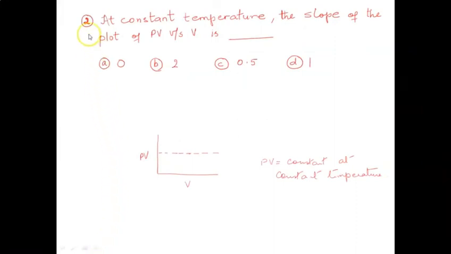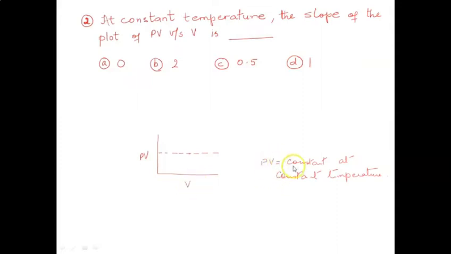The second question we have: at constant temperature, the slope of the plot of PV versus volume is dash. Suppose you are given the options 0, 2, 0.5 and 1. For a graph of PV versus volume, PV is constant, and we have to know that this is Boyle's law.